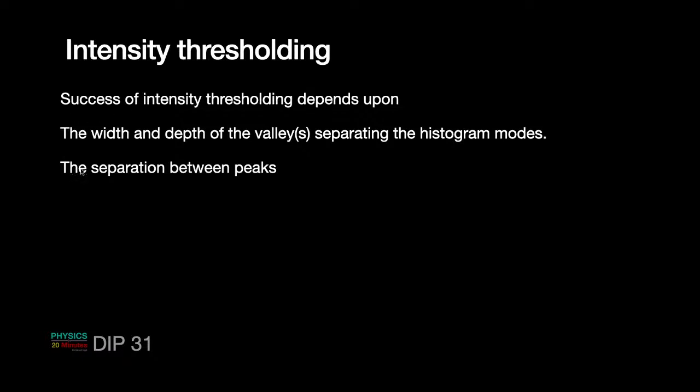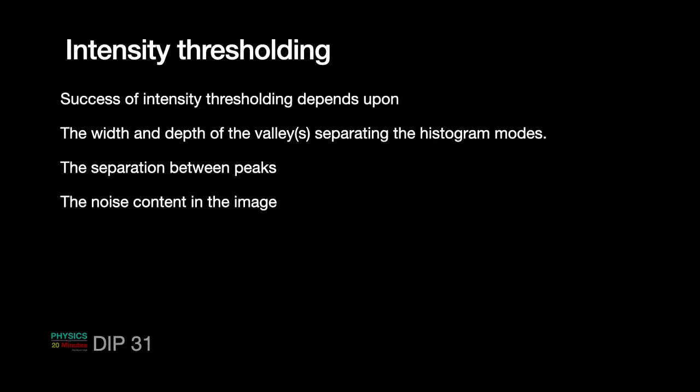Then the separation between the peaks: valleys will be wide if the peaks are widely separated. If the peaks are away from each other, that may give width to the valleys, and the thresholding becomes an easier task.